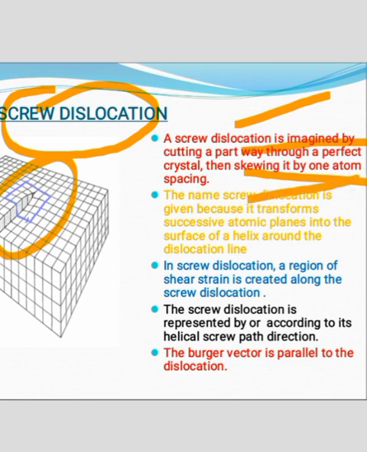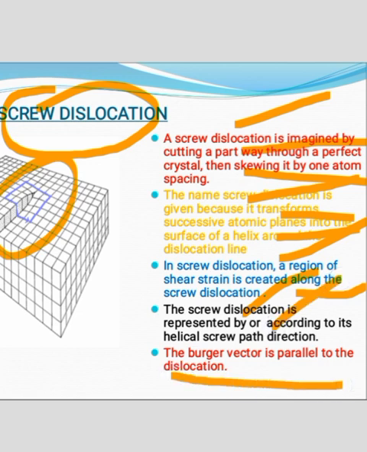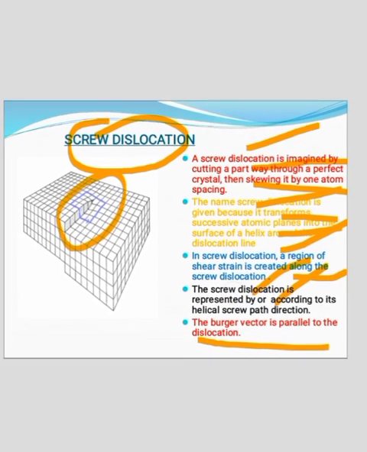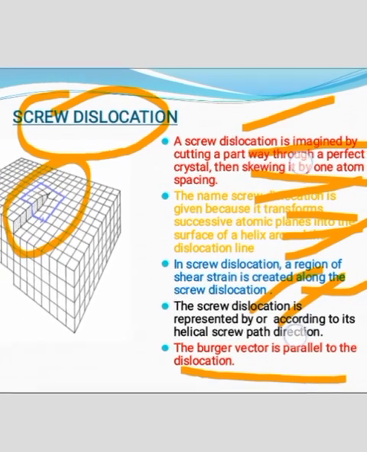The name screw dislocation is given because it transforms successive atomic planes into the surface of a helix around the dislocation line. In screw dislocation, a region of shear strain is created along the screw dislocation. The screw dislocation is represented according to its helical screw path direction. The Burgers vector is parallel to the screw dislocation.